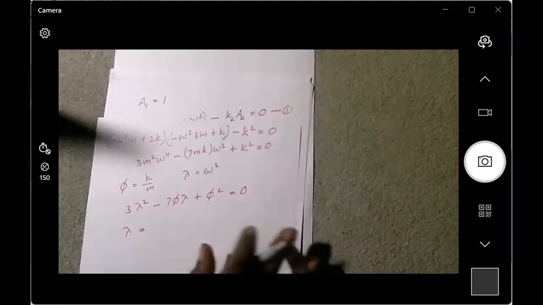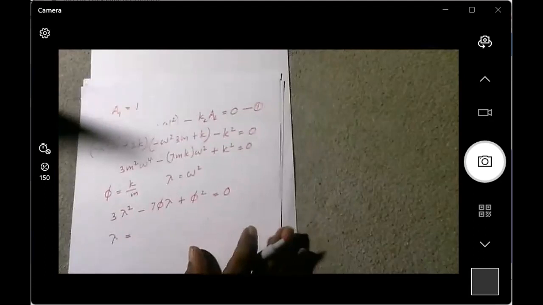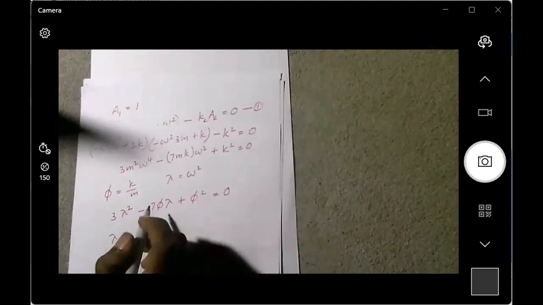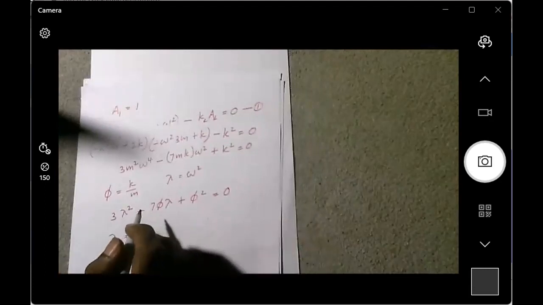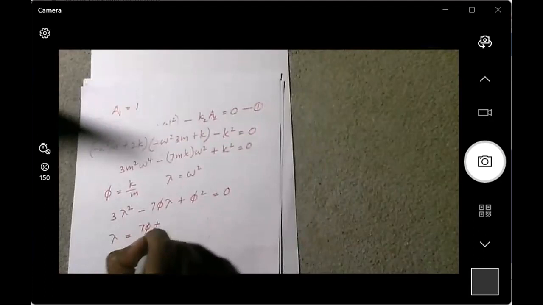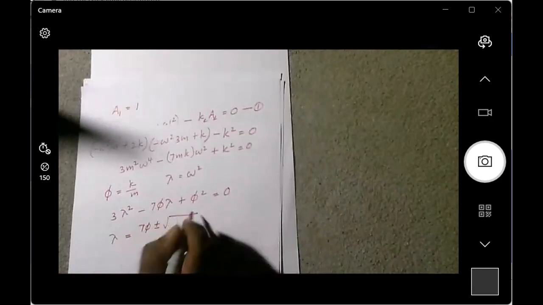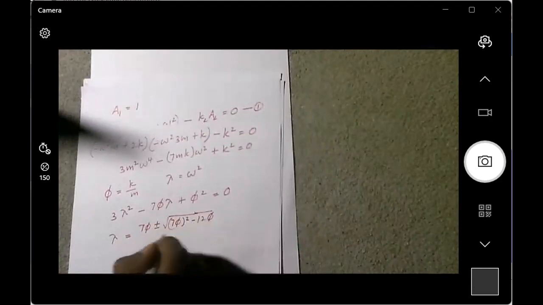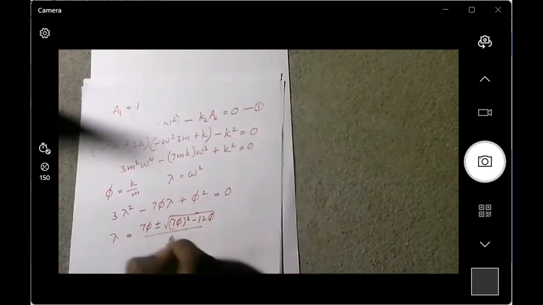So apply the quadratic formula. Then you should get 7 phi plus or minus square root 7 phi squared minus 12 phi squared over 6.